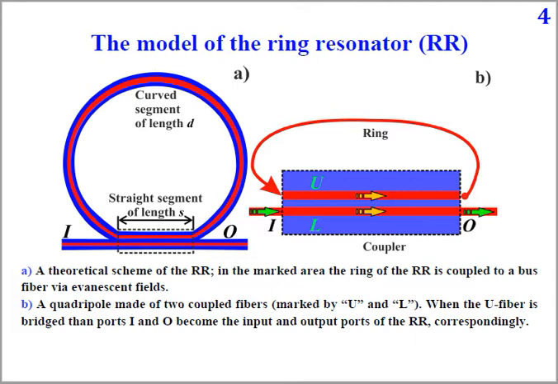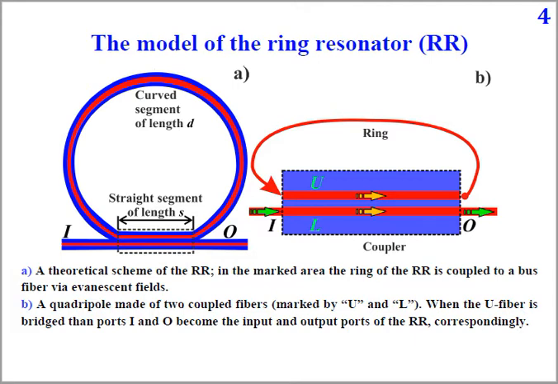One can see that a ring resonator is a fiber coupler which consists of U and L fibers, where a fiber, for example U, is self-closed by a curved piece of fiber. Then port I of the L fiber becomes the input of the resonator and port O becomes the output of it.